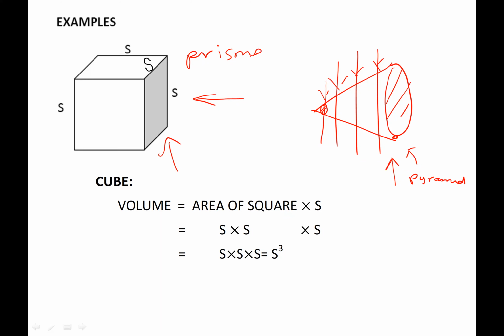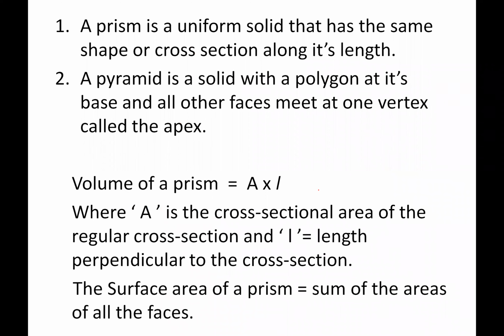Now, we need to know how to do two things with prisms. We need to know how to get the volumes, and we need to know how to get the total outer areas. So the main equation is this one here, which tells us how to find the volume of a prism.